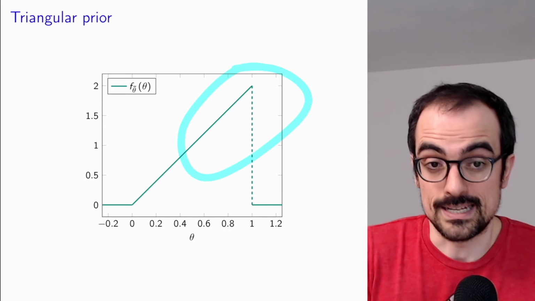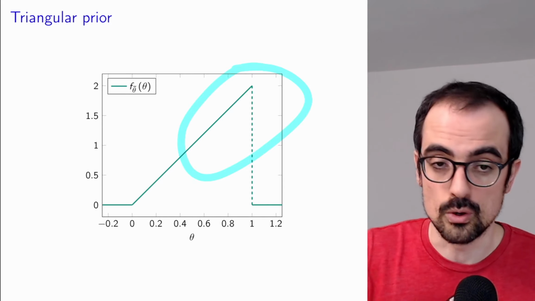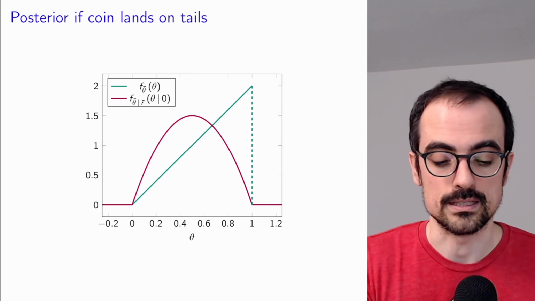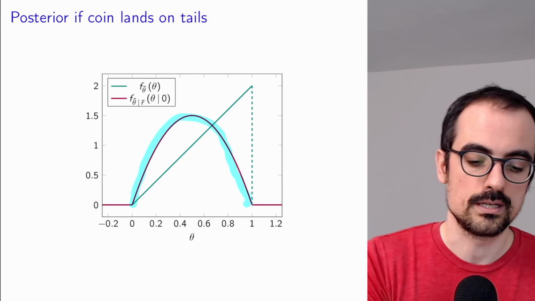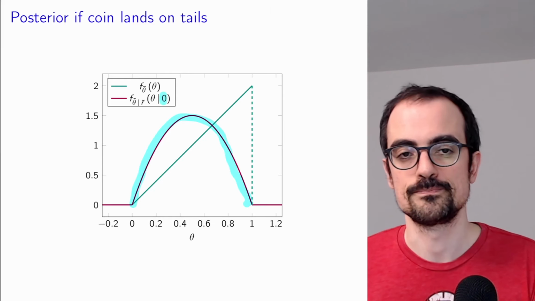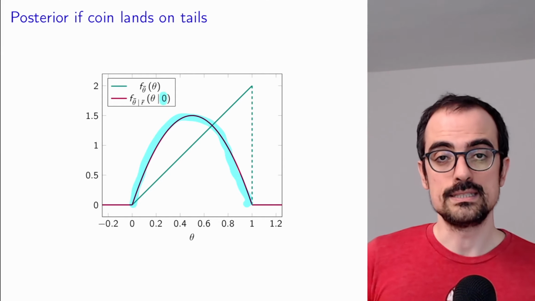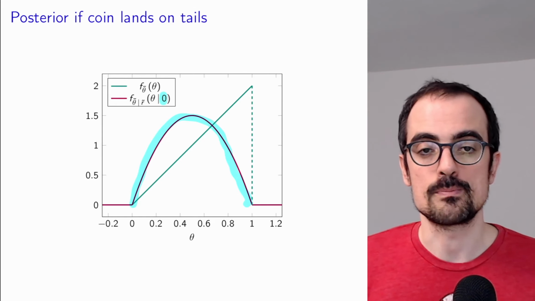This demonstrates the flexibility of the Bayesian framework to incorporate different prior assumptions. If we go through exactly the same calculations, now our posterior is going to look like that. So it's corrected, again, to go towards 0 because we have observed tails. So this shows you how you can incorporate the data within a Bayesian framework to update your uncertainty about your parameter of interest.